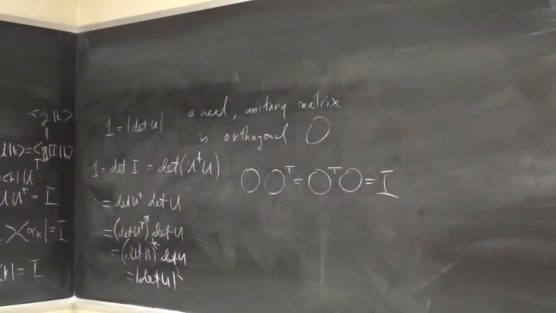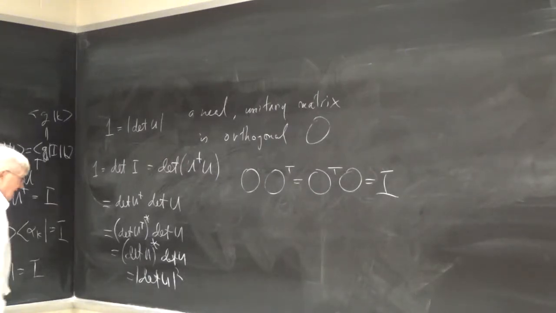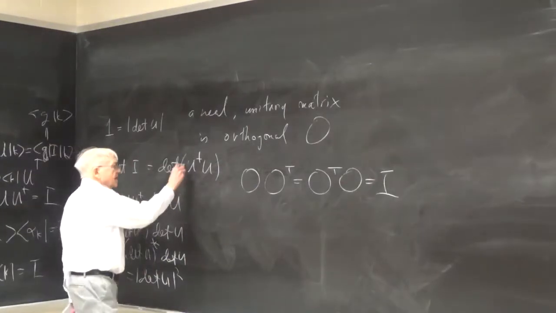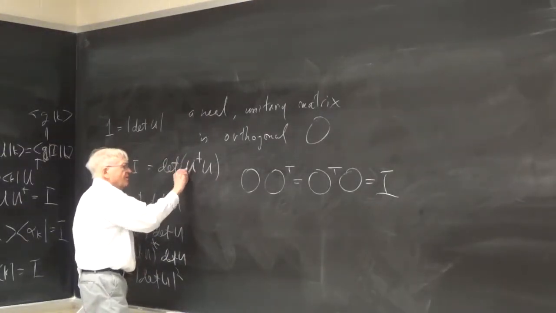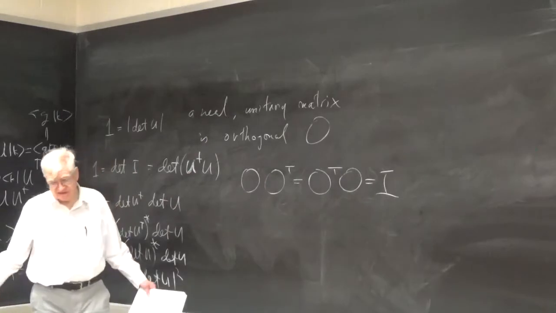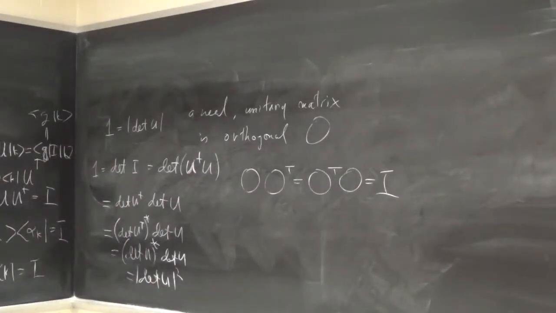By the way, in group theory, groups of matrices that are unitary or orthogonal are two of the principal classes of groups, two of the main classes of groups that constitute group theory.